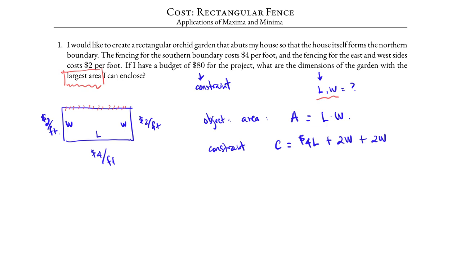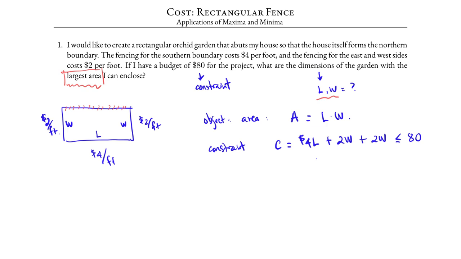And so we are optimizing the area subject to this constraint. The cost that we can incur is up to $80. That is the budget. It can be lower than $80, but it cannot be more than $80.